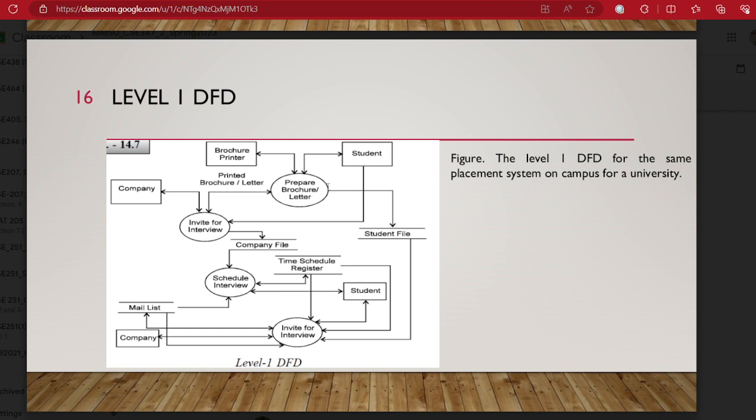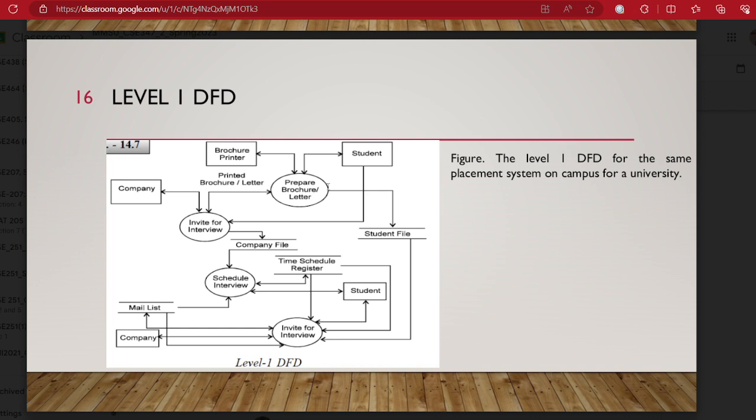So now you can get a clearer, deeper, more detailed idea of your system, or you can represent a detailed, more specific abstraction of the software that you're proposing.